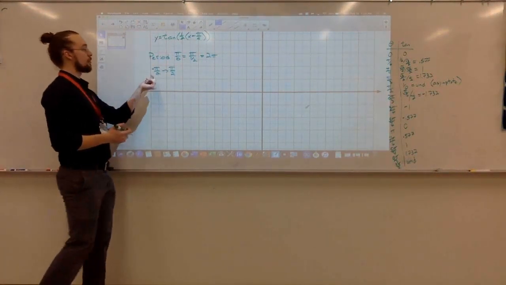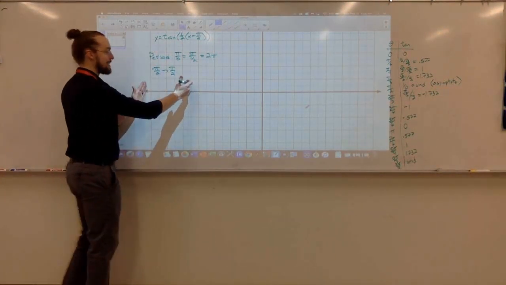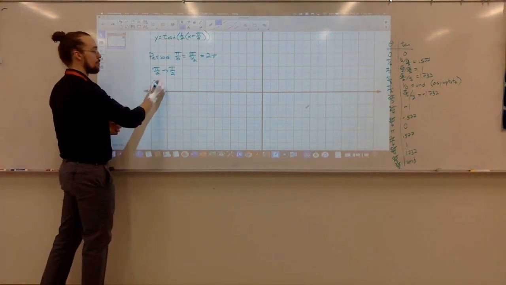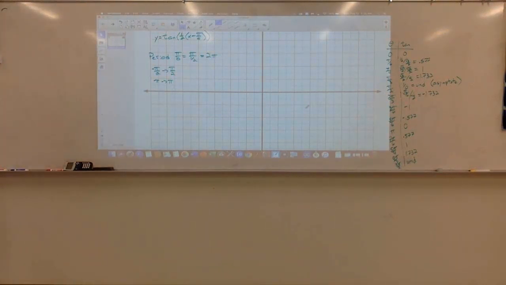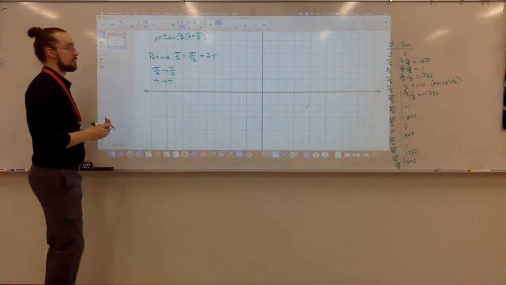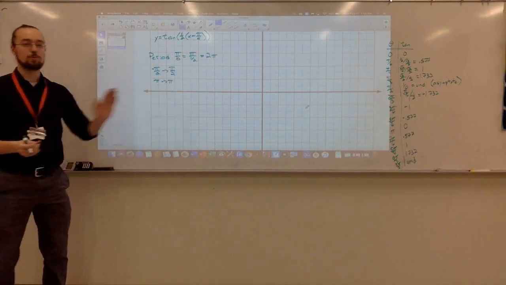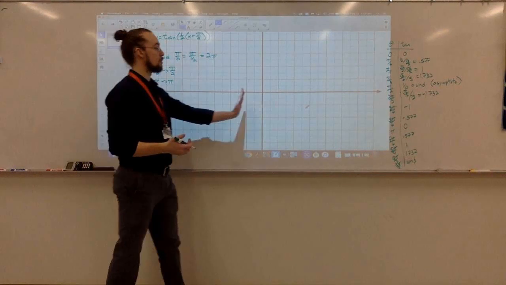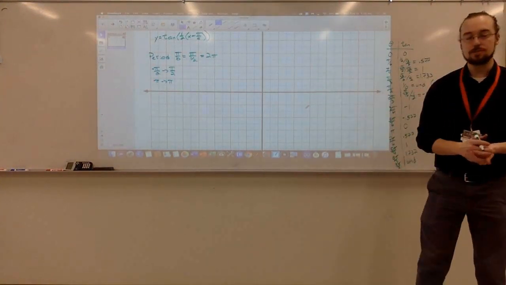So instead of going from negative pi over 2 to pi over 2, to make this a distance of 2 pi, I'm actually going to go from negative pi to pi, okay? It's not quite as straightforward as going from 0 to a certain value. Normally, for both sine and cosine, we would start at 0 and just end at whatever our period is.